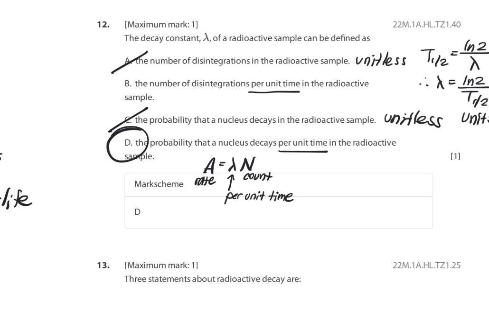Not necessarily the number of disintegrations per unit time, but whether or not you're actually going to get any radioactivity that'll affect the activity rate. So yeah, it's the probability the nucleus decays per unit time.